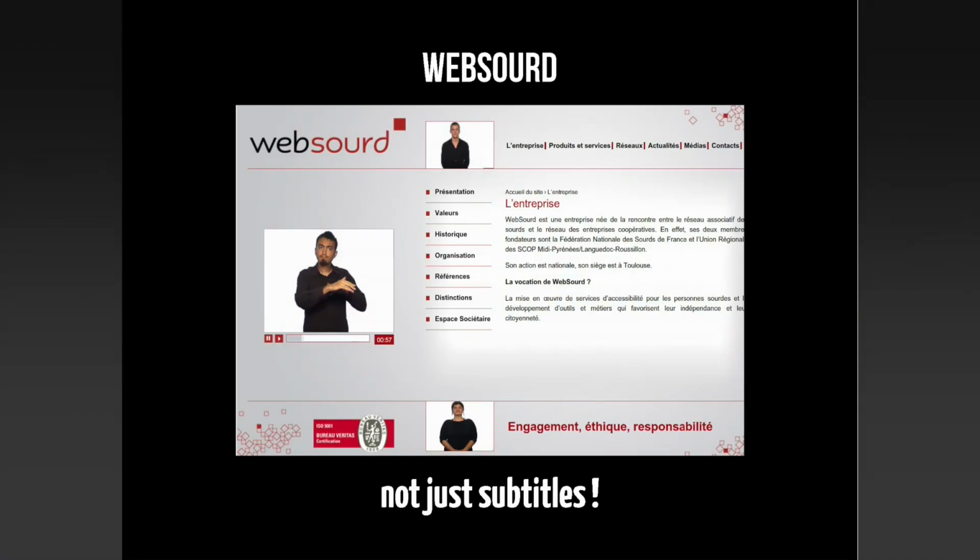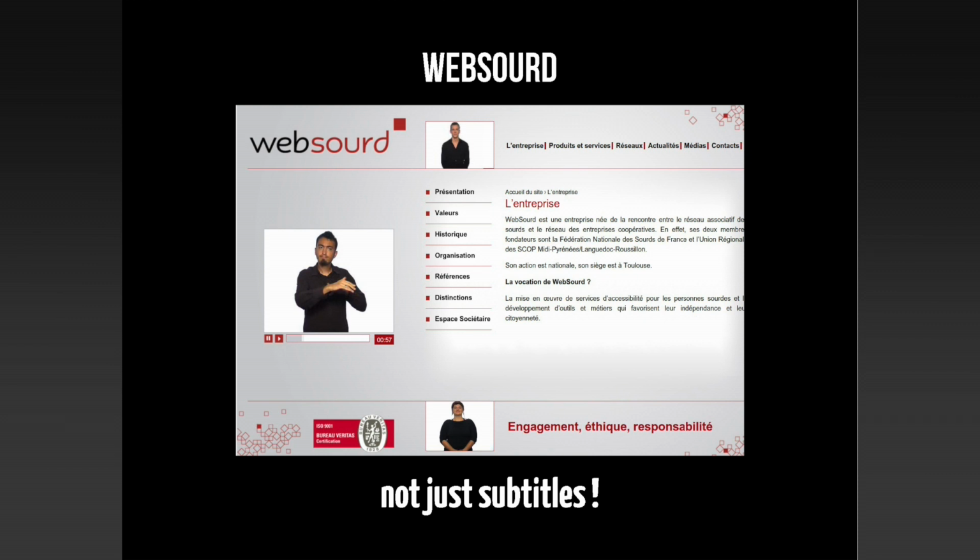So we were talking about deaf people. This is one of the first websites I had to work on when I started web development. And that's for a French association of deaf people. And you see there's three video areas on the page. The top one is going to translate everything in the menus into sign language.